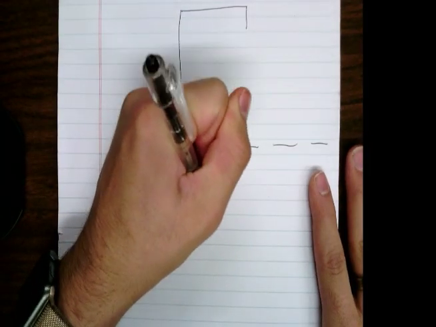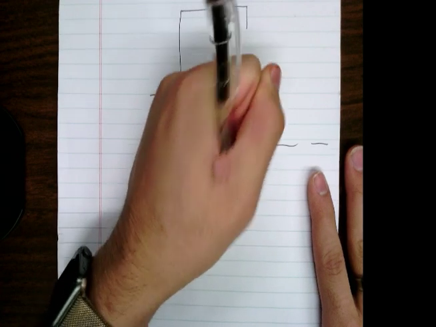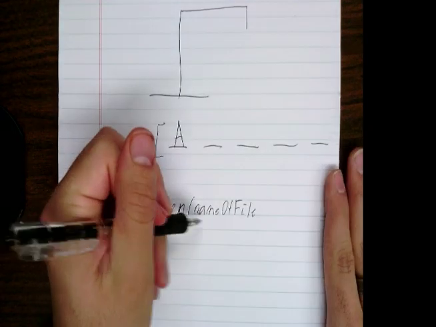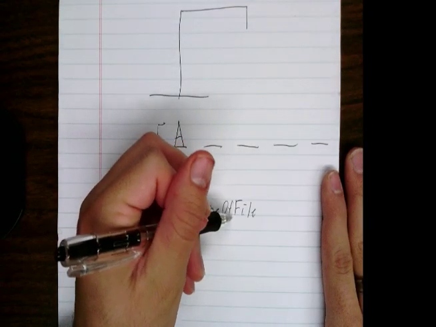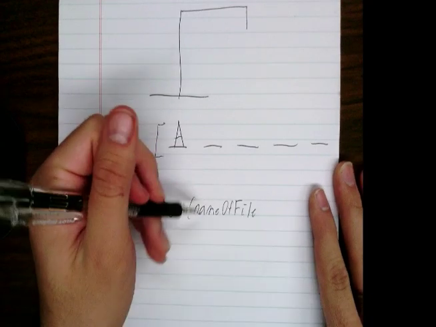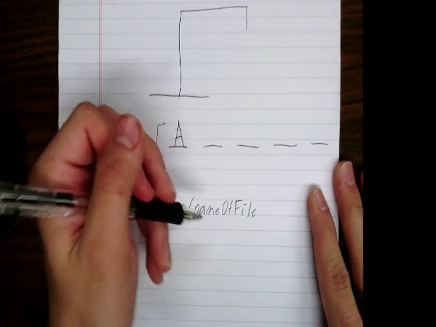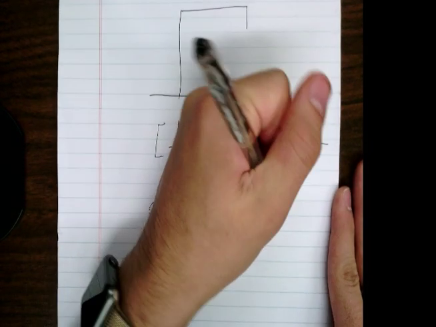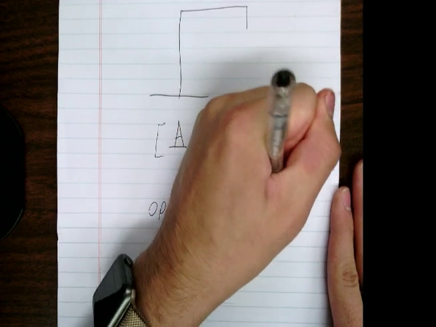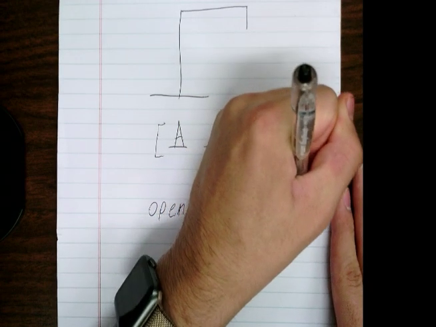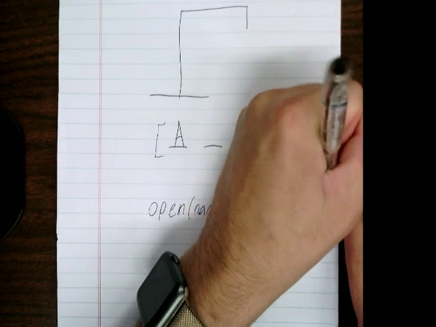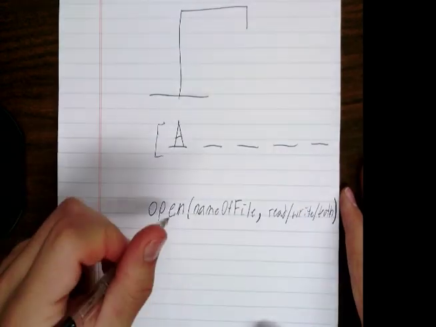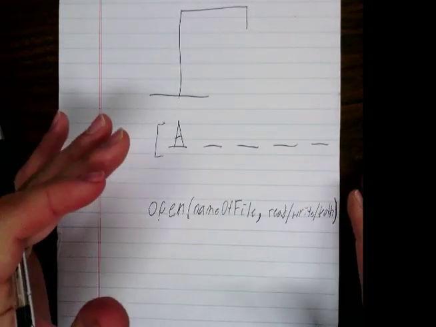The first one is name of file, and notice I'm breaking it up by capital letters for the different words, and then separate the parameters by comma, and then have read, write, or both. Then you can close off that function.